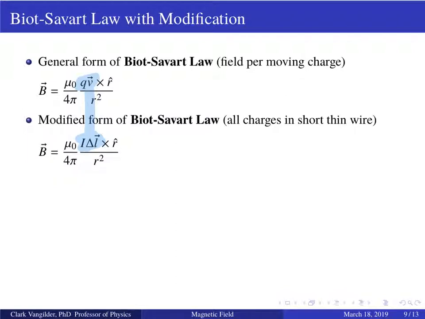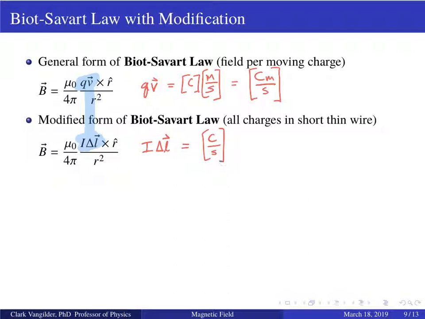So QV has units of coulomb, so do this kind of unit analysis, and meters per second, which is a coulomb meter per second kind of thing. Down here, I delta L would be coulombs per second times meters, which is going to be coulomb meters per second.